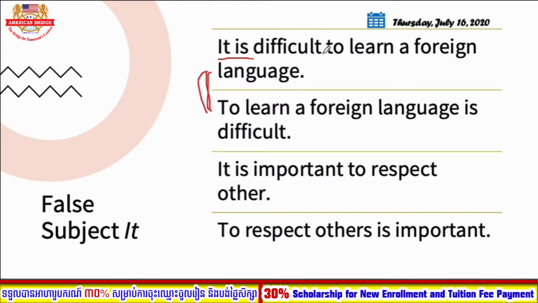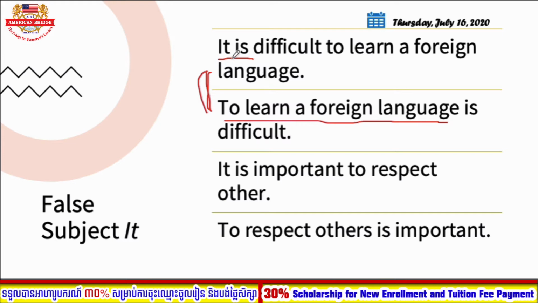But in this situation, it is a false subject because it doesn't refer to anything. But it has an equivalent meaning to the second sentence, where to learn a foreign language functions as the subject. So the first sentence and the second sentence have the same meaning but a different structure.